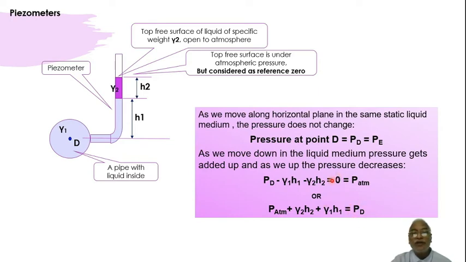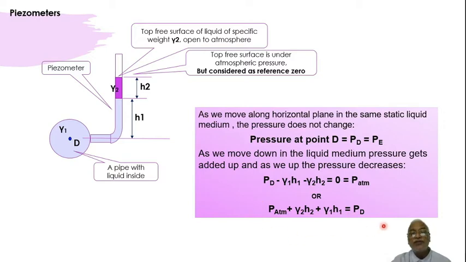Here I have taken atmospheric pressure as 0. The PD calculated from this equation will be gauge pressure. PD calculated from this equation would be absolute pressure. Now in this case also, if you substitute atmospheric pressure as 0, you will get almost the same equation: PD equal to gamma 1 H1 plus gamma 2 H2.